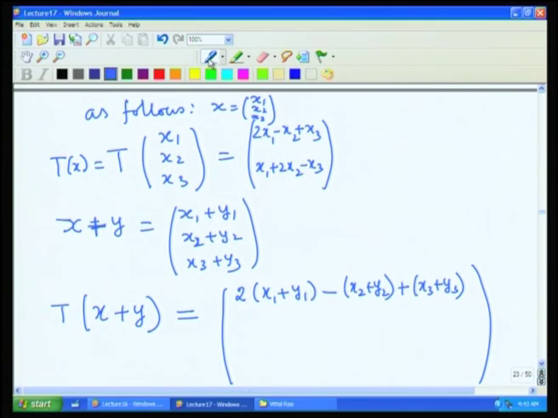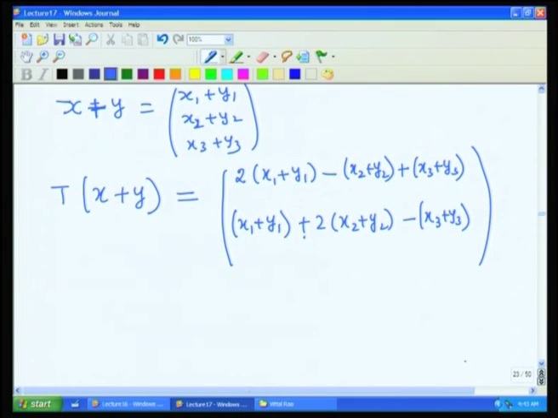Doing the same thing, we take the first component of x plus y, plus twice the second component, x2 plus y2, minus the third component of the vector you are transforming. So, this is the transformation of x plus y.